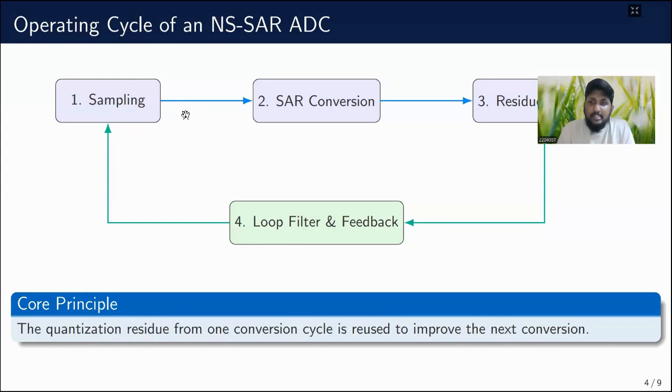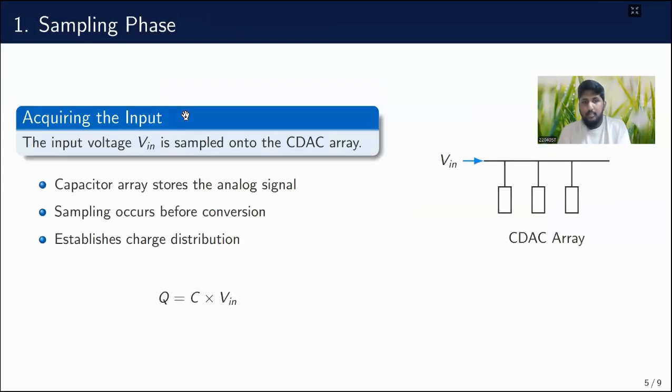The important principle here is that the quantization residue from one conversion cycle is reused to improve the next conversion cycle. I'll briefly explain each stage now. Sampling phase. In the sampling phase, the analog input voltage is sampled onto the capacitor DAC array, also called the CDAC array.